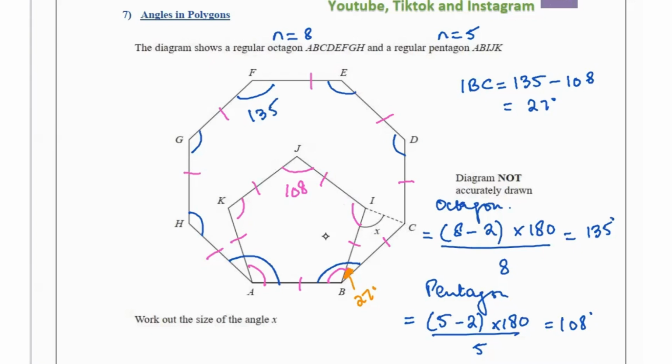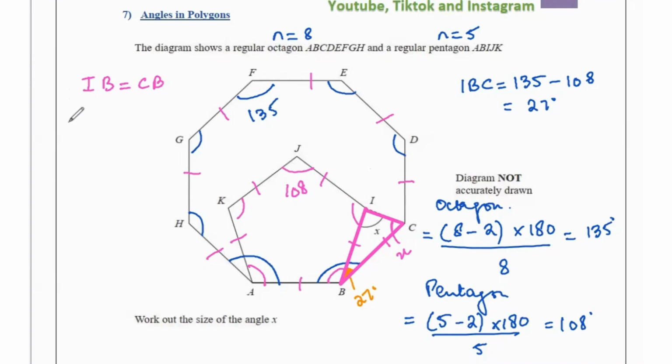Keeping that in mind, if I highlight this triangle over here, we can see that it's an isosceles because we have two equal lengths. IB is equal to CB, which means this is also equal to X.